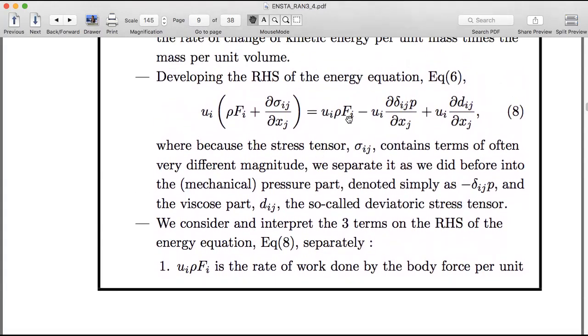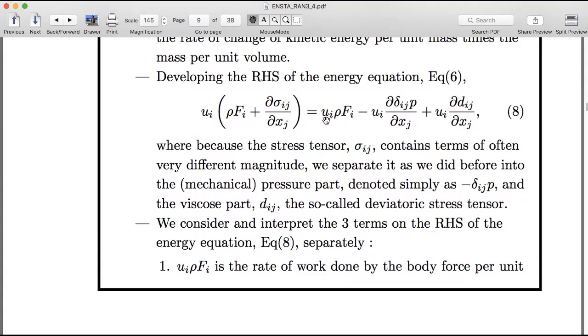I don't know if that's clear, but this is the work done by that body force. In fact, it's the rate at which you're doing work with the body force. If that needs some explanation, you remember work is when you apply a force through a distance, right?